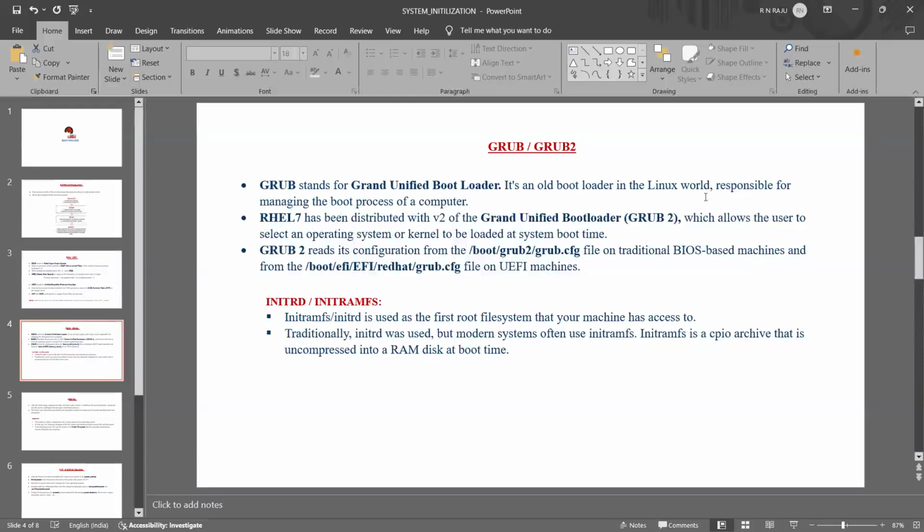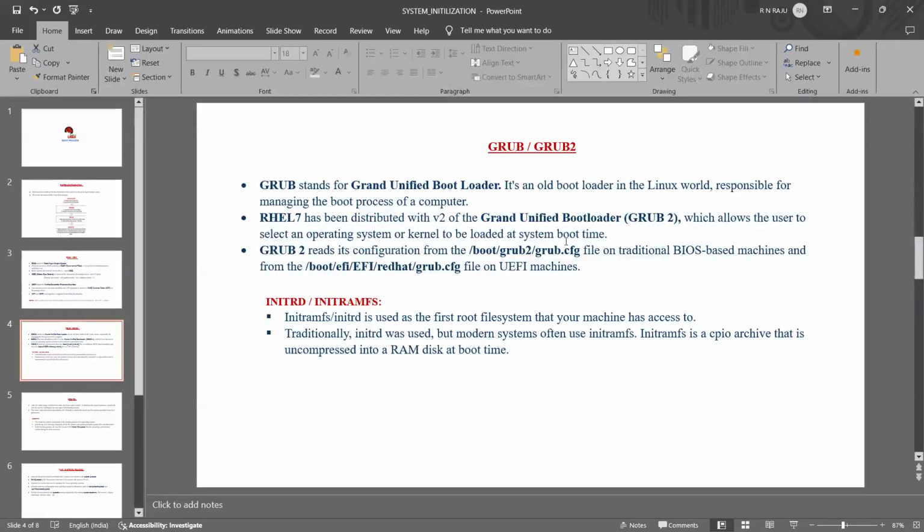It is an old bootloader in the Linux world responsible for managing the boot process of your computer. But RHEL 7 onwards, it has been distributed with version 2 of the Grand Unified Bootloader, which is called grub2. It allows the user to select the operating system or kernel to be loaded at system boot time. That means both are the same, but the old one is grub and the new one is grub2.